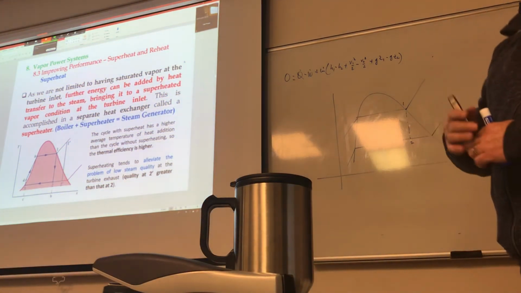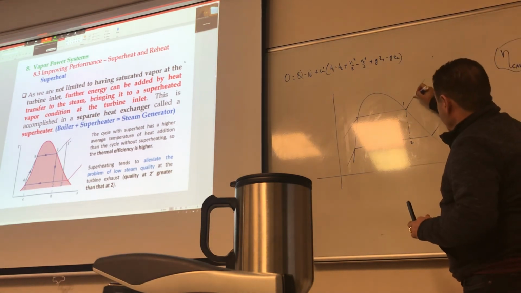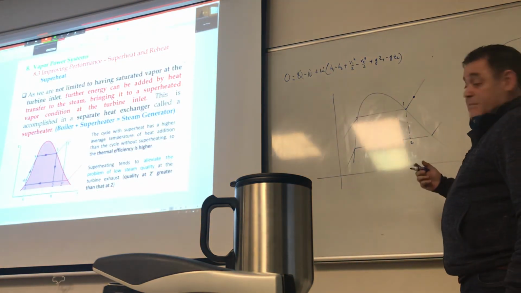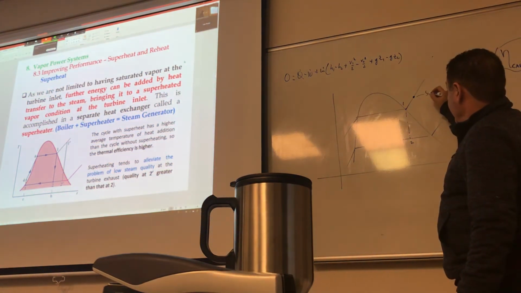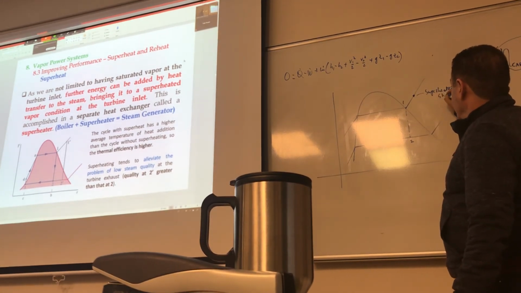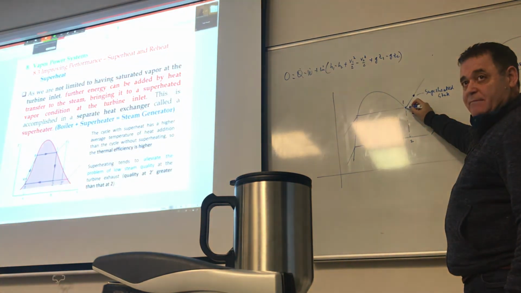So people said, okay, maybe instead of starting from state 1 in here, I should start from state 1 right there. So that means I start from a superheated state instead of a saturated state.